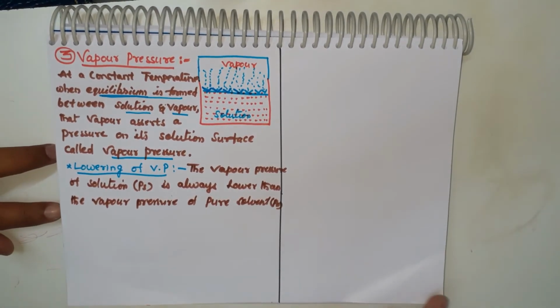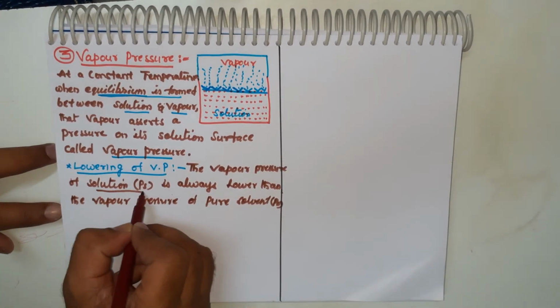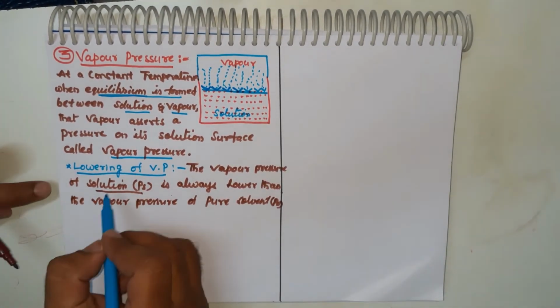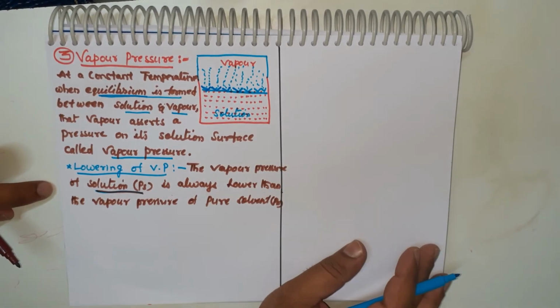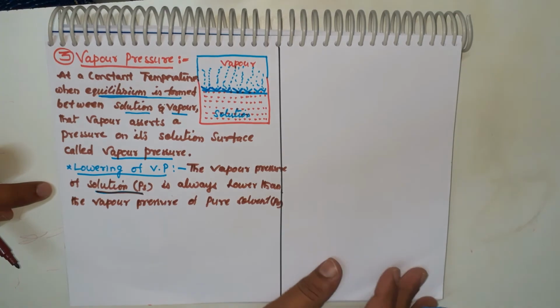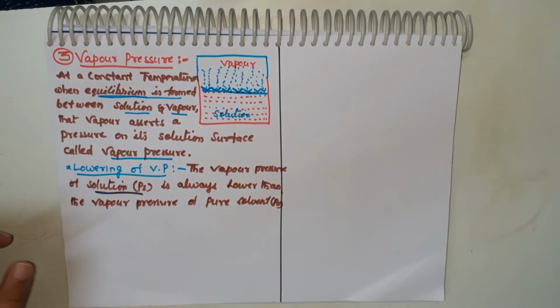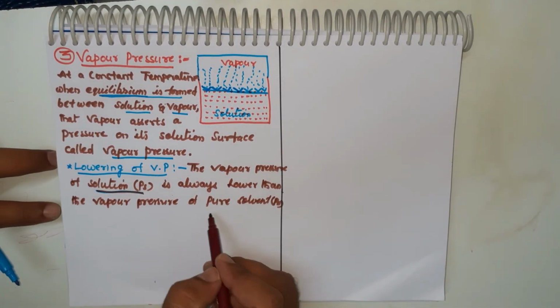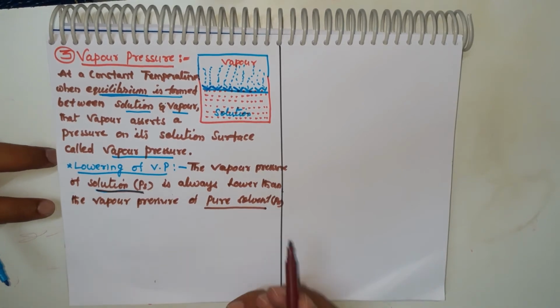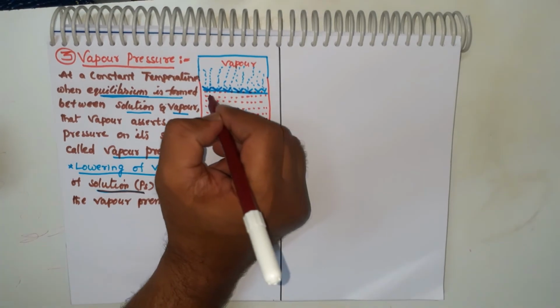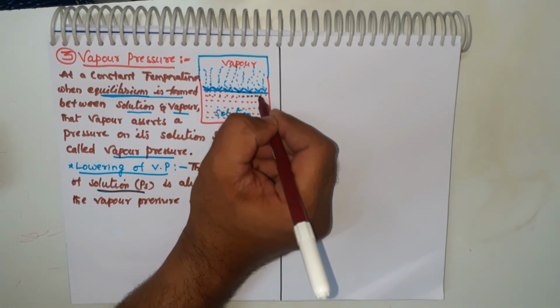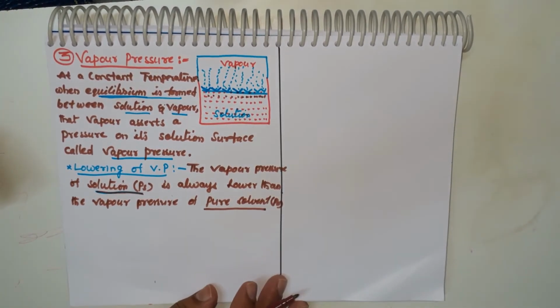Why? Because in solution there are solute particles that decrease the vaporization. That is the cause of lowering of vapor pressure. In pure solvent, all particles are the same, that is H2O particles, so it vaporizes easily. But in solution, the solute particles restrict the vaporization.